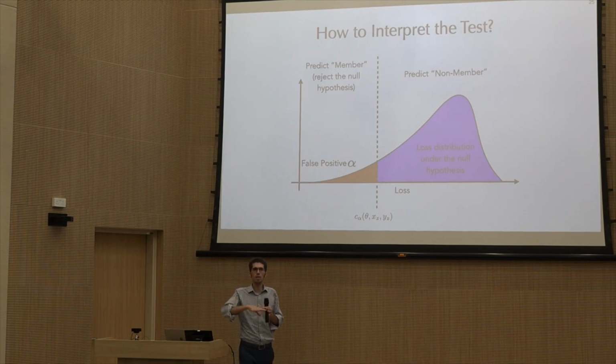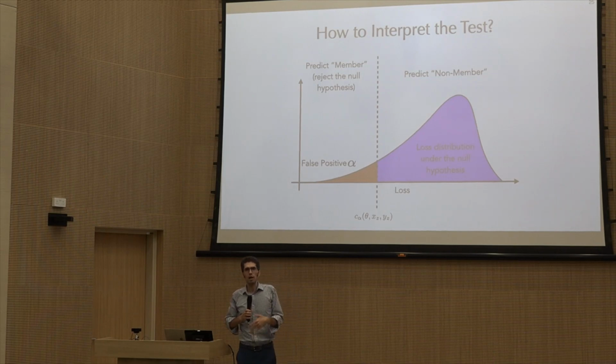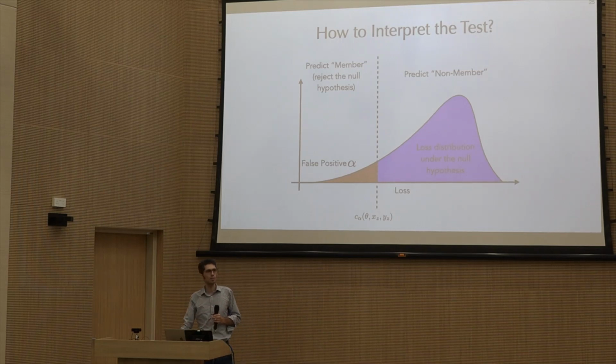Given that the loss over the population is this, and a particular threshold, whatever fraction of the data is under this threshold, you're making a false positive error, and that region is basically your alpha. That is your false positive.